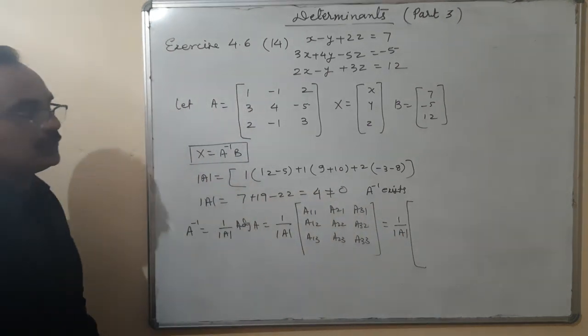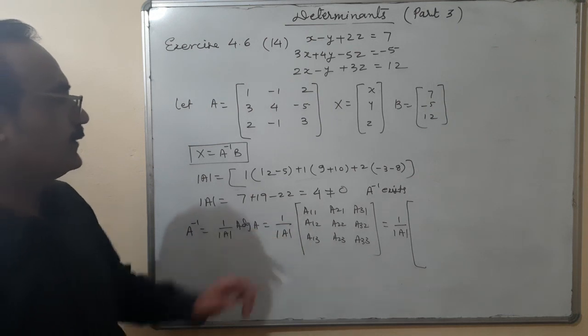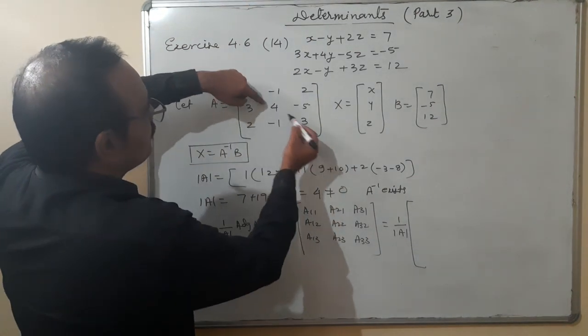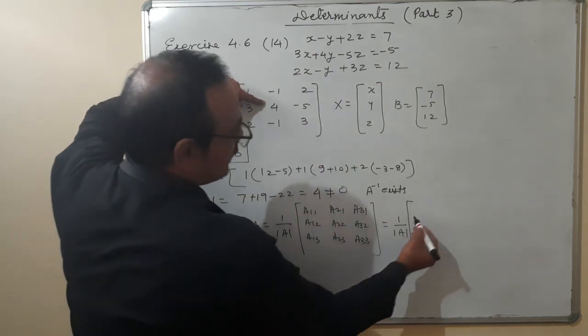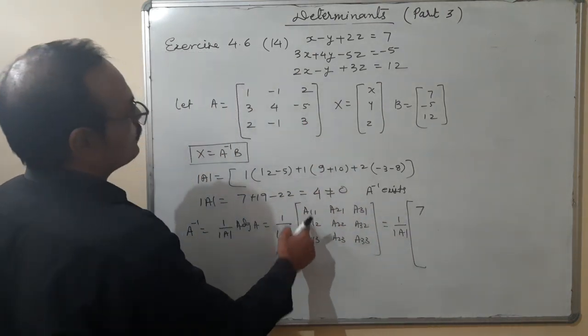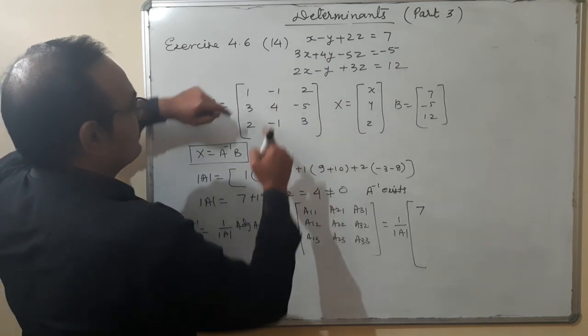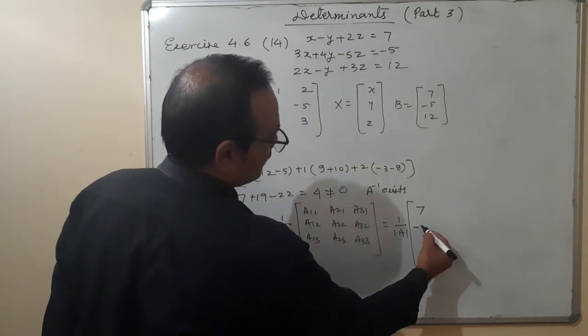Now I'll put the values directly. 1 1, first row, first column, leaving first row and first column: 4 3 are 12, 12 minus 5, 7. It is 1 2, first row, second column: 9 plus 10, 19, and it is minus 19.